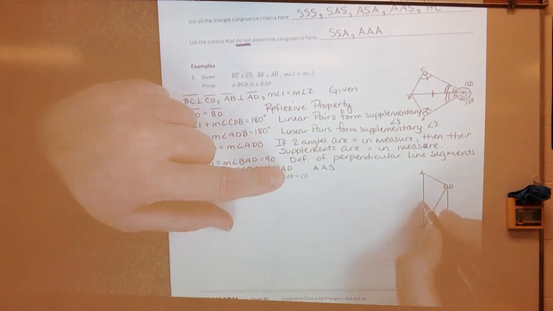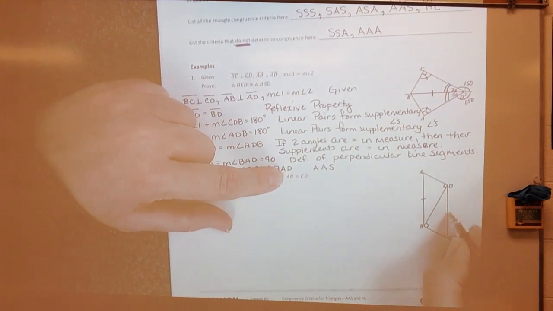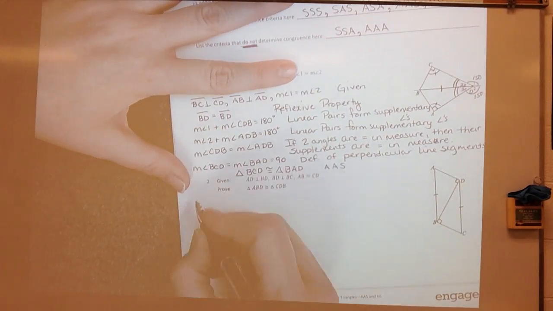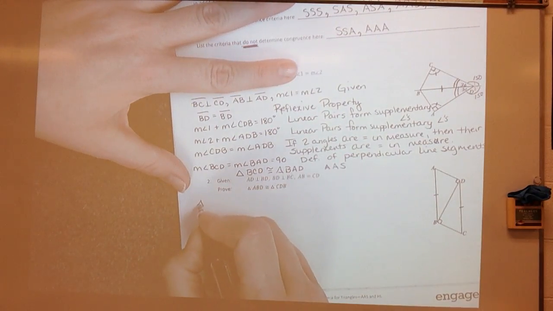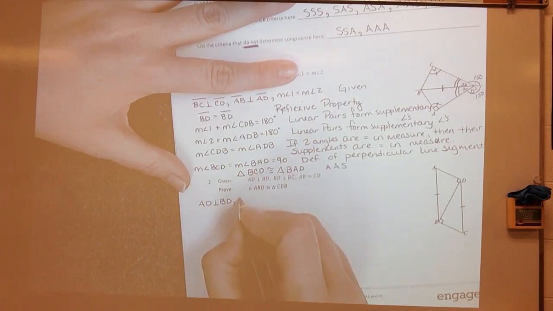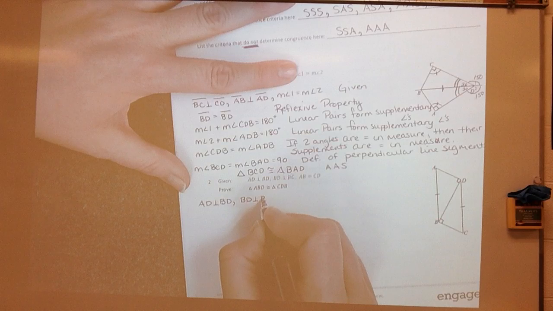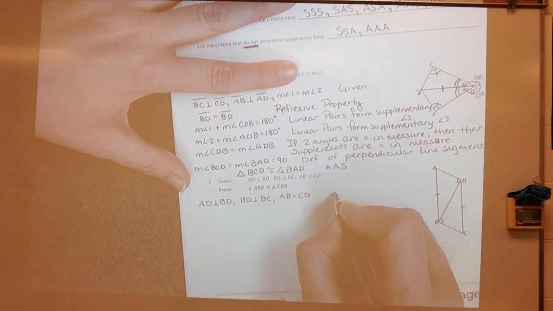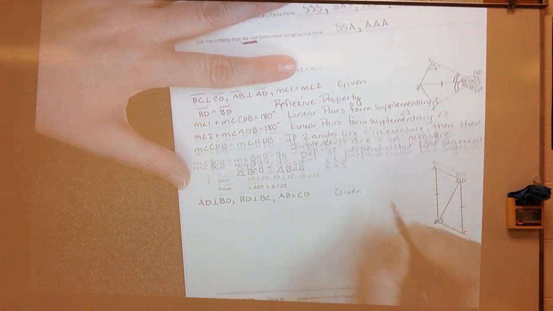And we know that AB is equal to CD. Alright? So once again, I can do a whole entire step for my givens. So AD is perpendicular to BD, BD is perpendicular to BC, and AB is equal to CD. That is all my given information.